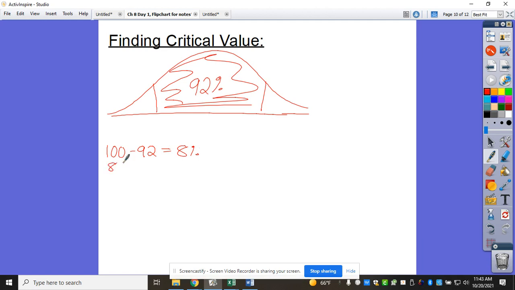Cut that in half. And what is 4% as a decimal? And at that point, I just do what with 0.0400?